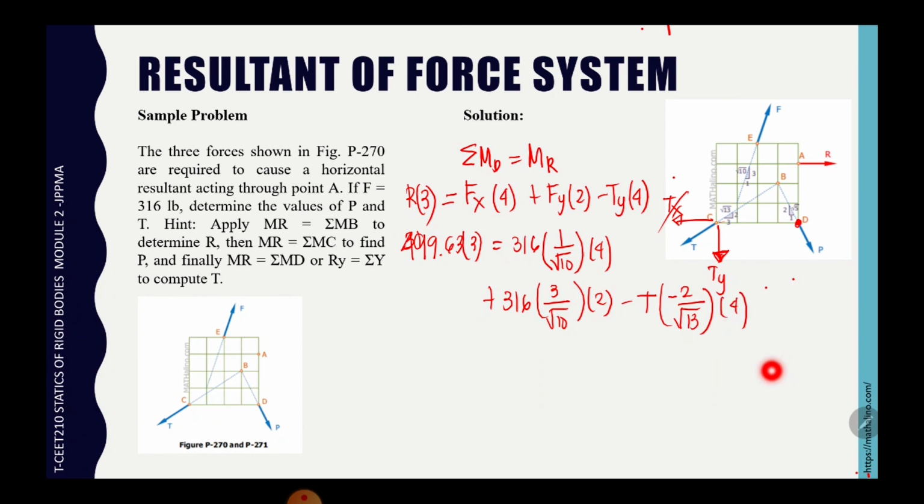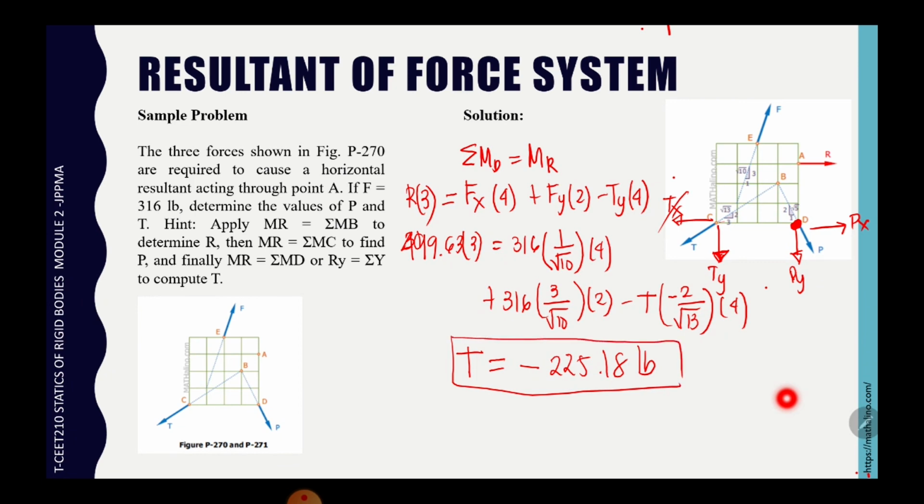So, bakit wala na si P? Kasi si P is nag-a-act siya dito sa mismong letter D. Kahit na may PY at saka may PX, yung magiging distance, perpendicular distance niya is 0. Kaya makakancel din siya. So, all in all, T is equal to negative 225.18 pounds. So, yan. Kaya nakuha si T.